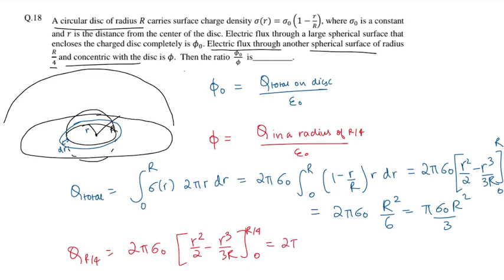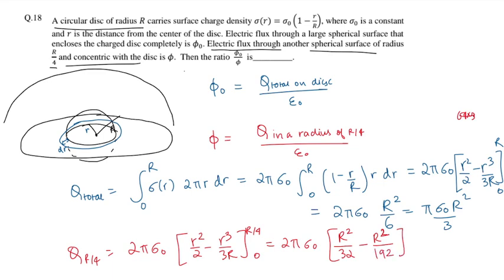At 0, this entire thing is just 0. At R by 4, this will be R squared over 32 minus R squared over 64 times 3, and that comes out to be 192.